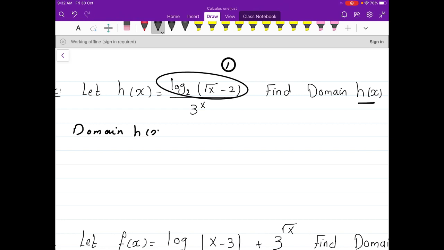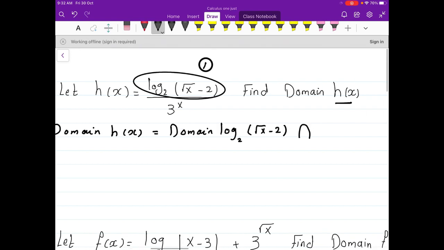So the domain of h of x equals the domain of log 2 of the square root of x minus 2, intersection with the domain of 3 to the power x except the zeros of 3 to the power x. Notice that 3 to the power x will never be equal to 0. Now, how do we find the domain for this function?